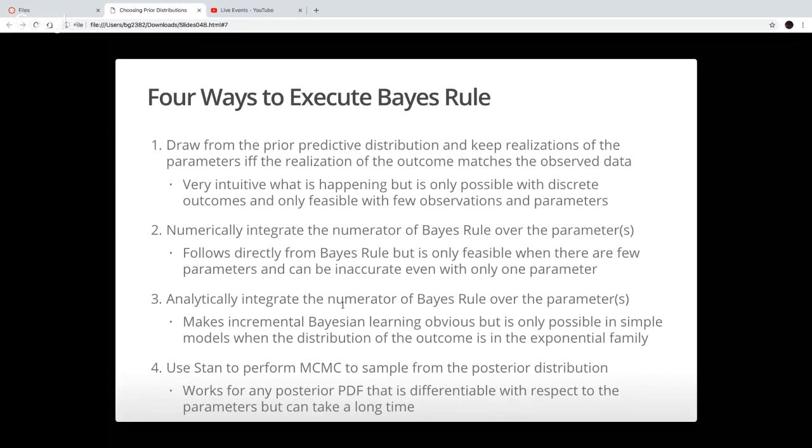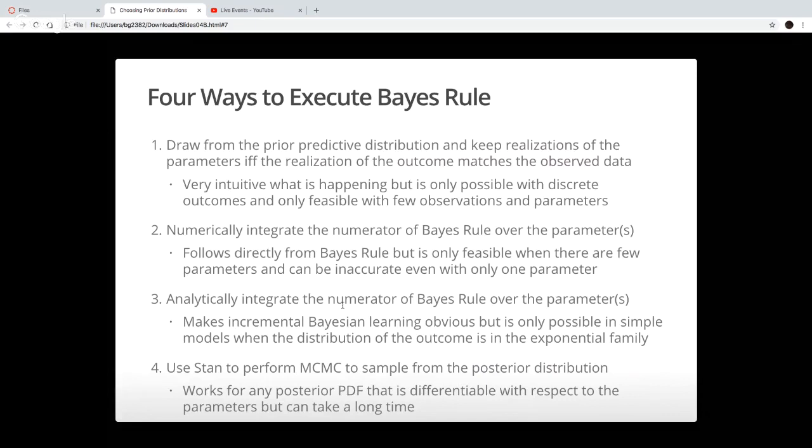And if the predictions exactly match the data that you have, keep your realization from the prior as a realization from the posterior distribution. And that works really well with outcomes that are small integers, and it's extraordinarily inefficient or maybe impossible when the outcome is continuous.